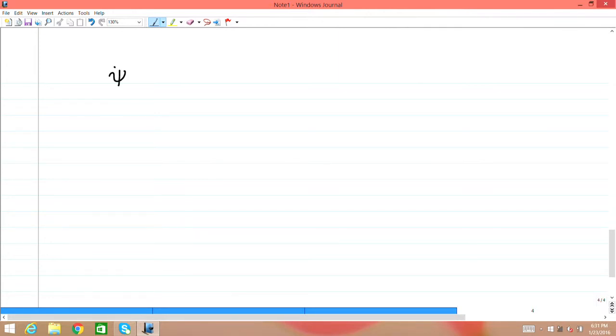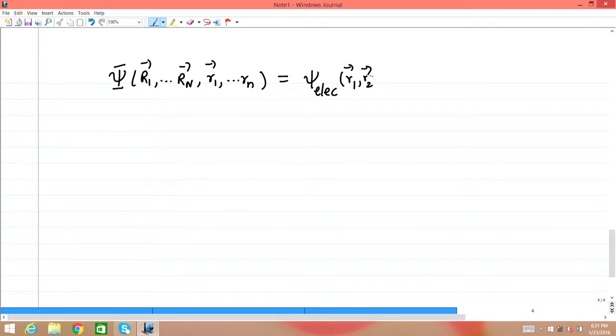And the approximation: psi, which is a function of all the nuclear coordinates and all the electron coordinates, Born and Oppenheimer proposed this to be a product of two terms, one which depends on electronic coordinates and the nuclear coordinates, so let us write that as psi electronic of r_1, r_2, up to little n, the n electrons, and all the nuclear coordinates R_1, R_2, up to capital N, times a psi nuclear, which is only a function of the nuclear coordinates.